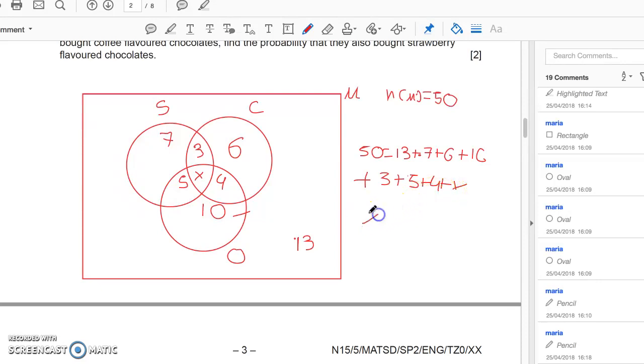Well, what do I do with this? X is gonna be equal to my 50 minus everything that I have inside the different regions. I add them together, it's 48. So I can conclude that X is equal to 2. That answers my question B.